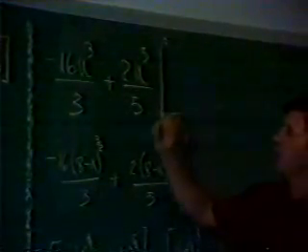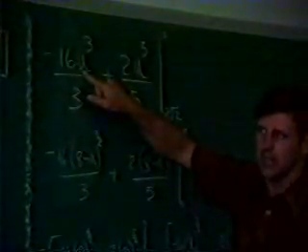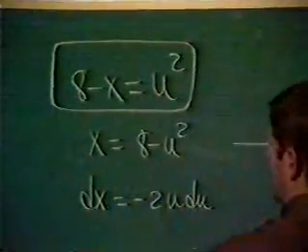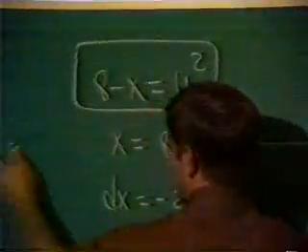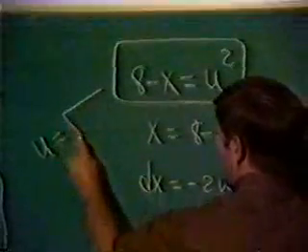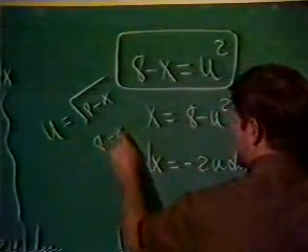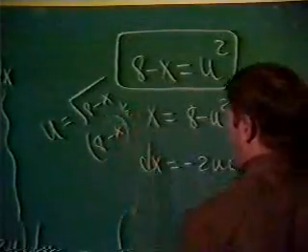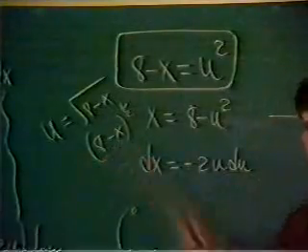I'm going to return, and I'm going to replace u with what it is in terms of x. So all the way back across the board, right here: 8 minus x is u squared. That says u is the square root of 8 minus x, or if you wish, 8 minus x to the 1/2. Everywhere I have a u, that's what I replace it with.